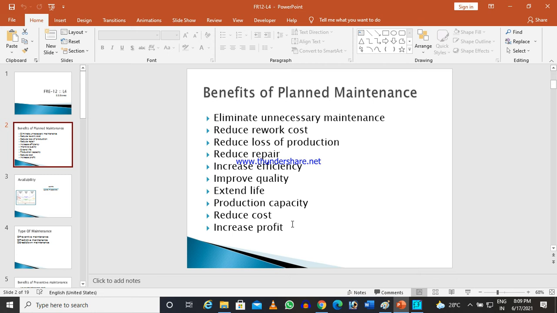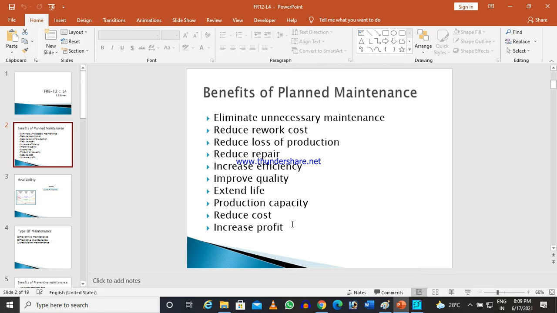If you plan for maintenance, you can eliminate some unnecessary maintenance, and definitely the rework cost will be reduced.